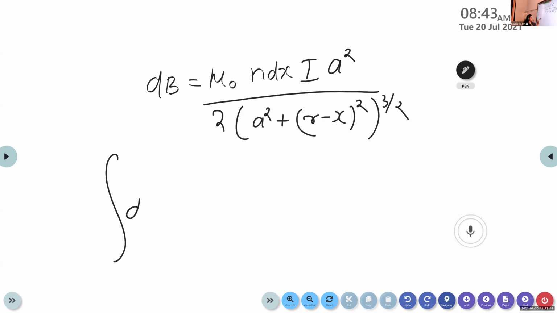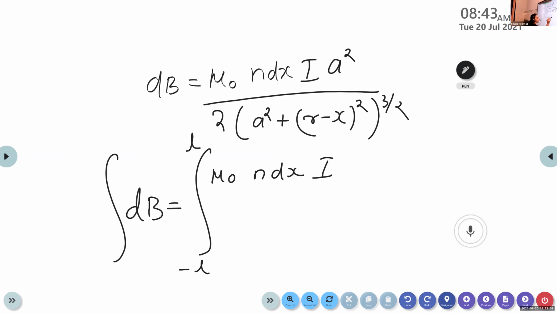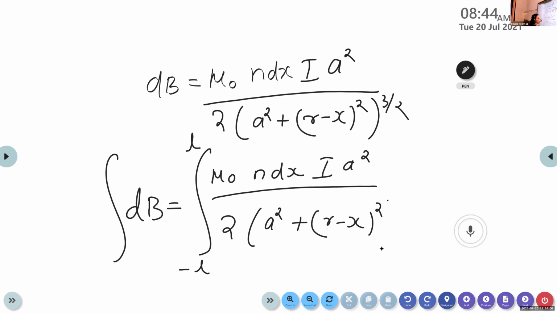So we get integral dB is equal to integral, the limit varies from minus L to plus L, mu0 n dx I a square divided by 2 into a square plus R minus x the whole square, the whole raised to 3 by 2. Do you have any doubt regarding this integration limit minus L to plus L?